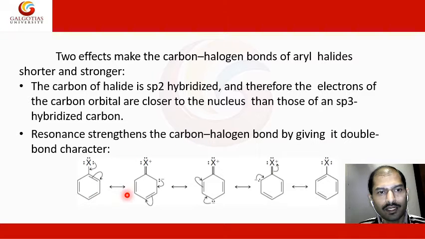You can see the resonating structures of halogenated aromatic rings. This resonance gives more stability and more strength to the carbon-halogen bond, and a number of resonating structures can be drawn which stabilize the molecule further.